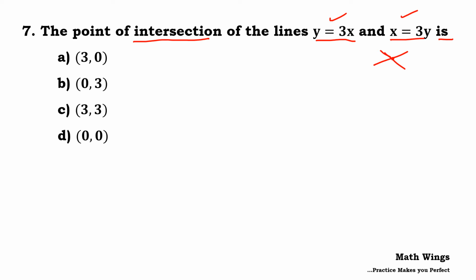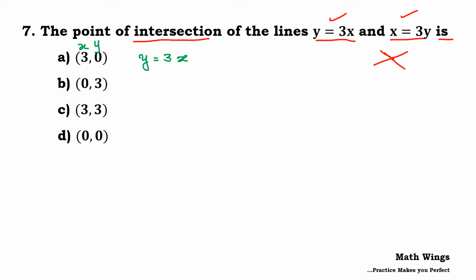Observe what is given to us. In the first option, I have x as 3 and y as 0. I'll substitute this in the first equation, y is equal to 3x. The easy method is to substitute the values in any one of the equations.